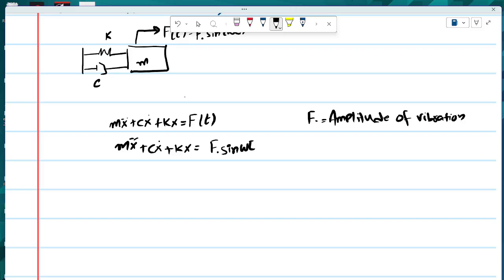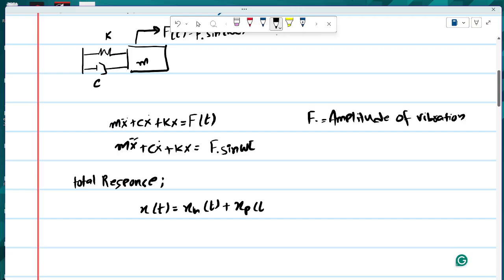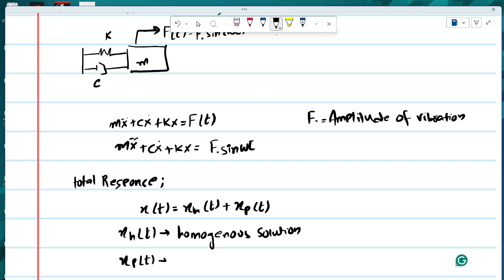So the total response to this harmonic excitation can be written as x of t equals the homogeneous solution x h of t plus the particular solution, and that's the particular solution.